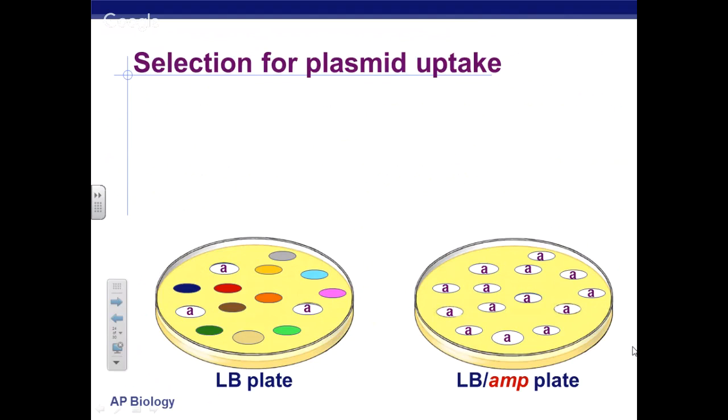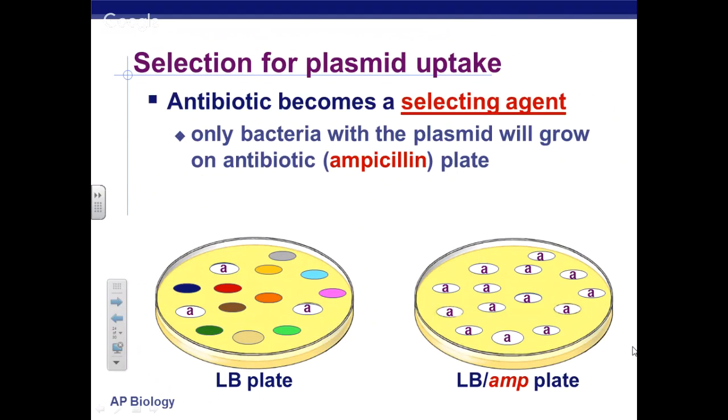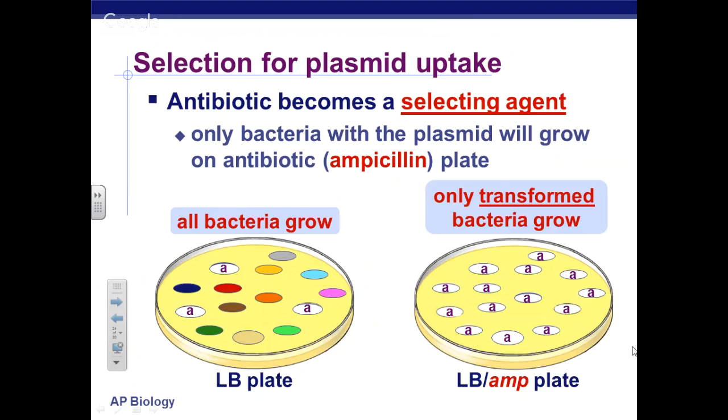And then grow it in the presence of an antibiotic. So ampicillin, for example, is an antibiotic. So if on your plasmid, you have a gene that codes for ampicillin resistance, and then you grow the bacteria on agar that has that antibiotic, well, the only colonies growing will be the ones that have your plasmid. The rest of them will die. Does that make sense? That's what you're going to do in the lab when we do it.